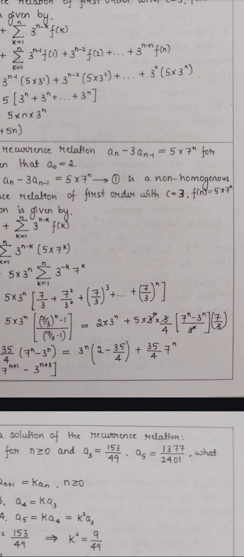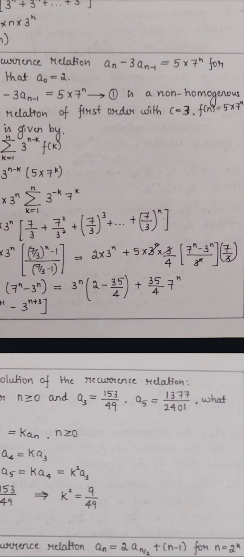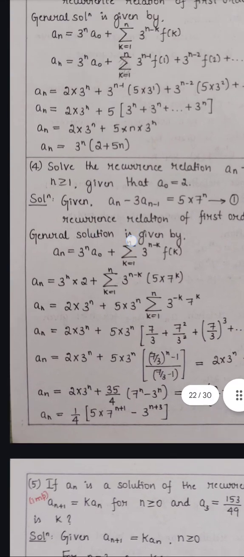So it will become 3 by 4. Then 3 power n gets cancelled, and then again here 7 by 3, and then 3 and 3 get cancelled.